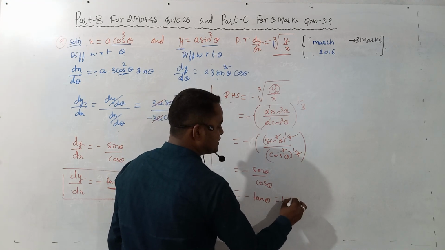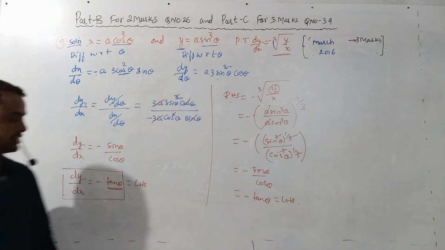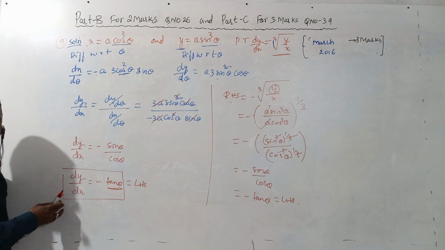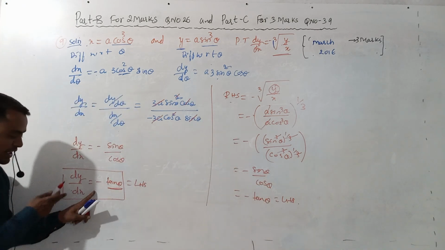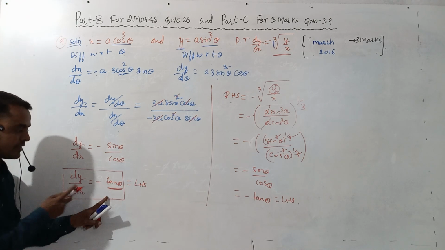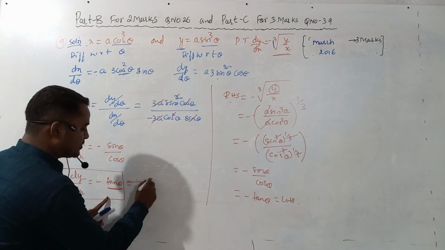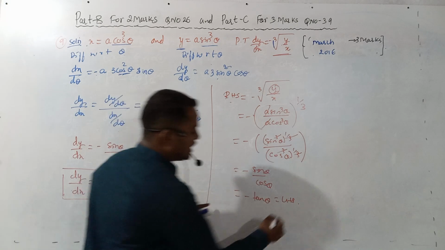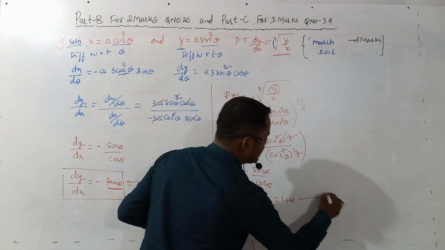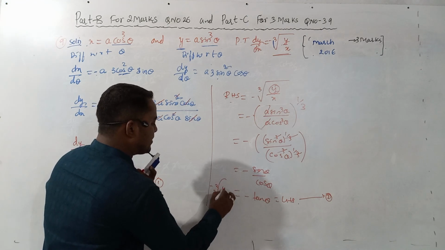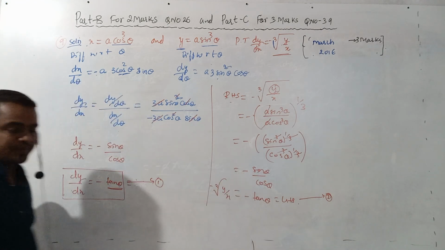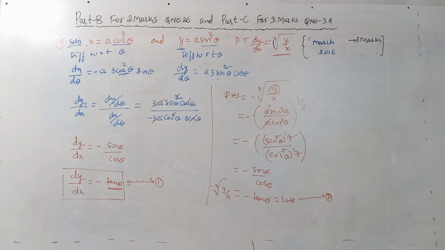That is equal to the LHS. In both cases, LHS and RHS, we get the same result. Our dy by dx is minus tan theta; this is equation 1. Minus cube root of y by x is equal to minus tan theta; this is equation 2.